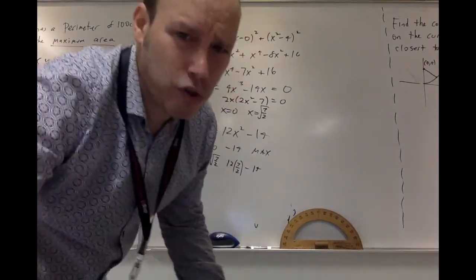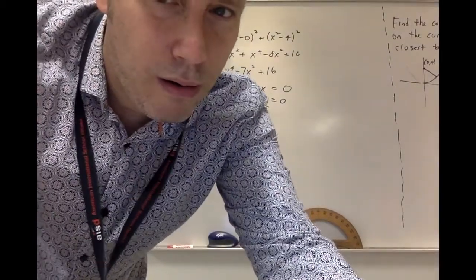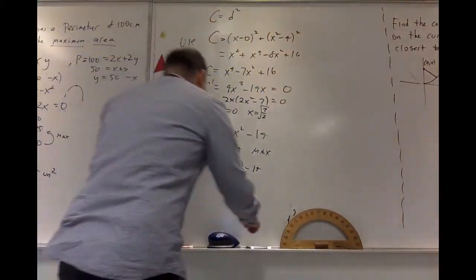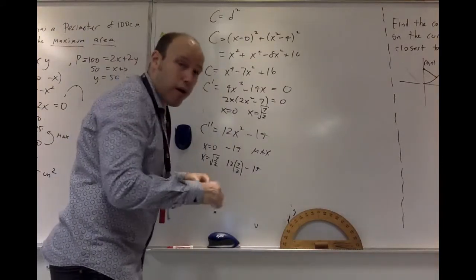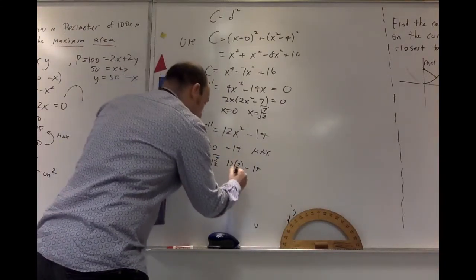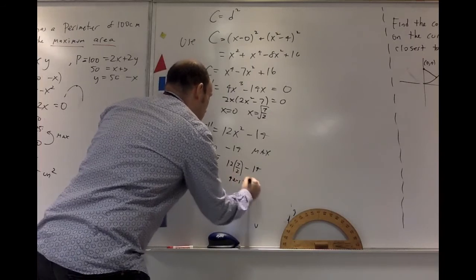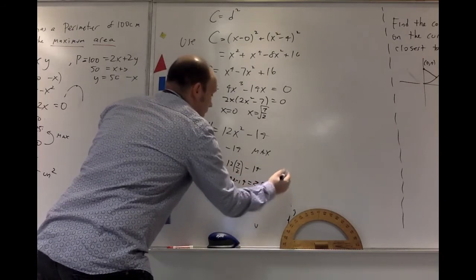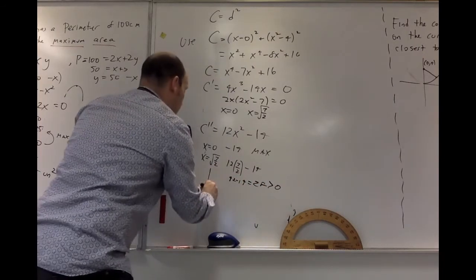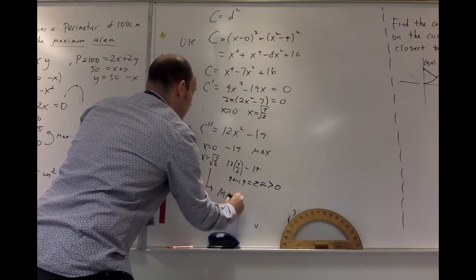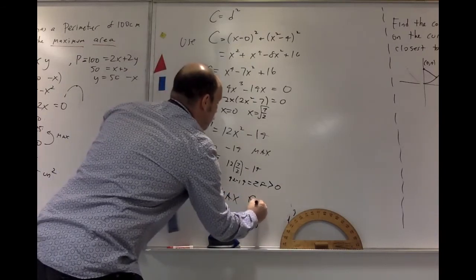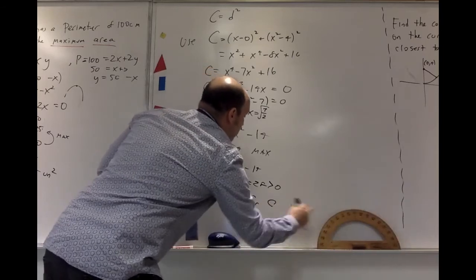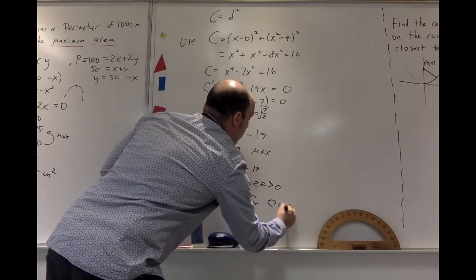Yeah, I'm sorry. That's totally fine. 42 minus 14 equals 28. Therefore, it's greater than 0. Therefore, this is a minimum for d squared, for c, which is the distance squared.